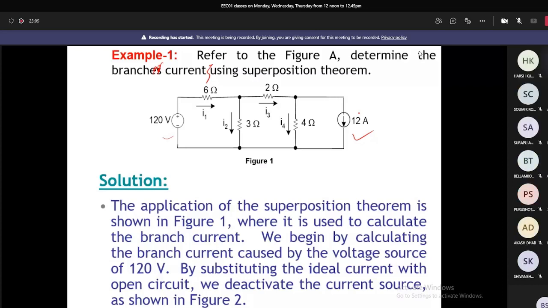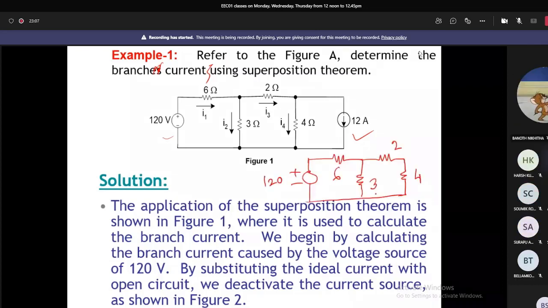I1: the 6 and 3 in parallel give 6 into 3 by 9, which is 2. So 6 plus 2 is 8, and I1 is 120 by 8, so it is 15. So I1 is 15 ampere.